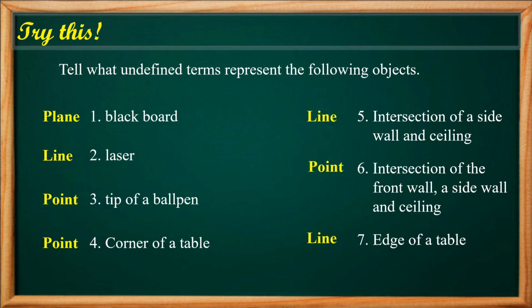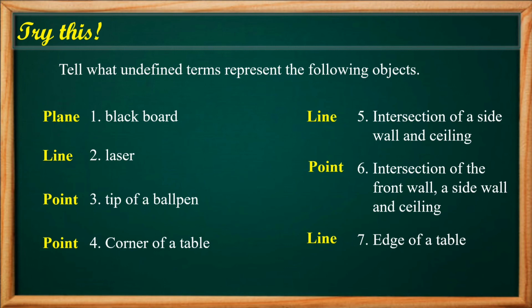Now, those are the 3 undefined terms that represent the different models that we can look at around us, na makikita natin sa ating surroundings. Okay? Again, the 3 undefined terms in geometry is a point. Na ang point, no dimension, walang length, walang width, walang thickness.